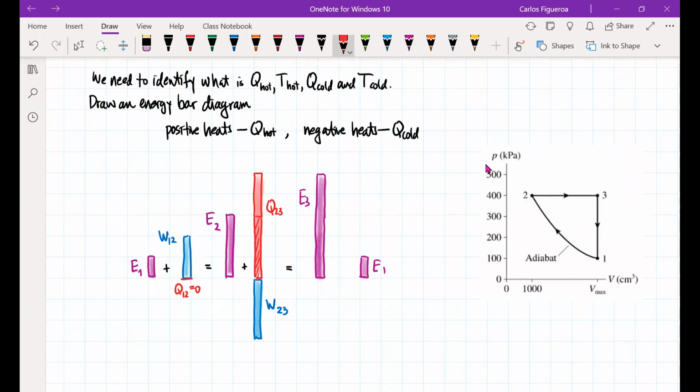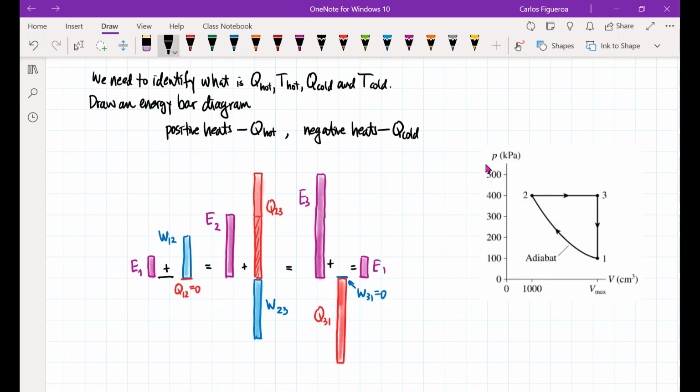So that means then I have to bring down this guy by 4 squares. And this guy's going to be the heating from 3 to 1. So now it looks like this. And of course, I know that right here, my work from 3 to 1 is 0 since it's isobaric.